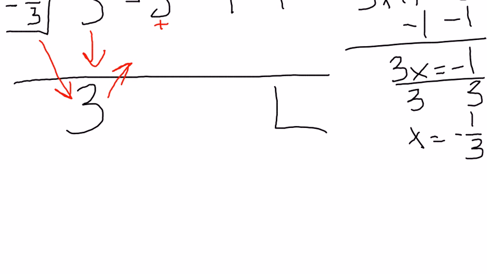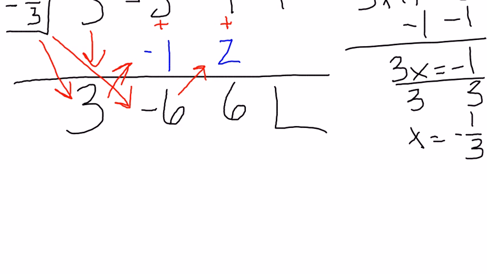So put -1 here, and add those two together. -5 plus -1 is -6. And then you would take -1 over 3, multiply it by -6, and you put it up here, and you get +2.